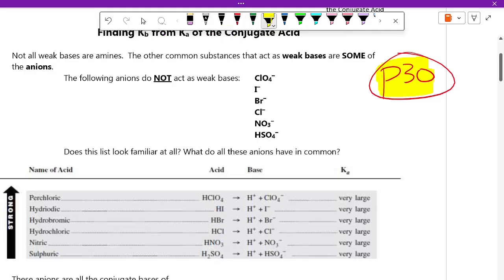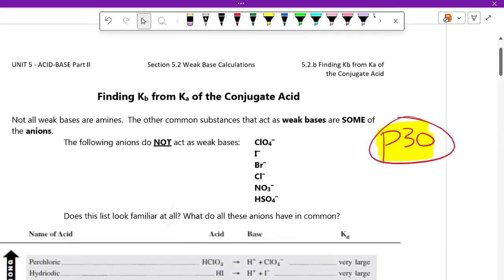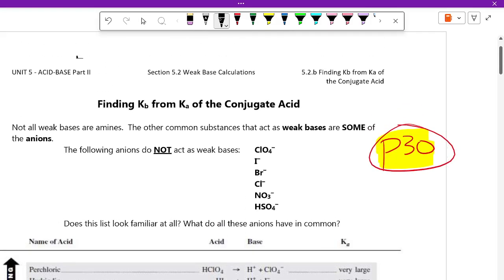Not all weak bases are amines. Do you remember what characterizes an amine? Was it something to do with ammonium? An amine contains the letter N. And so it's going to be either an N with 3 H's, which makes ammonia, or an N with 2 H's and what kind of a group?